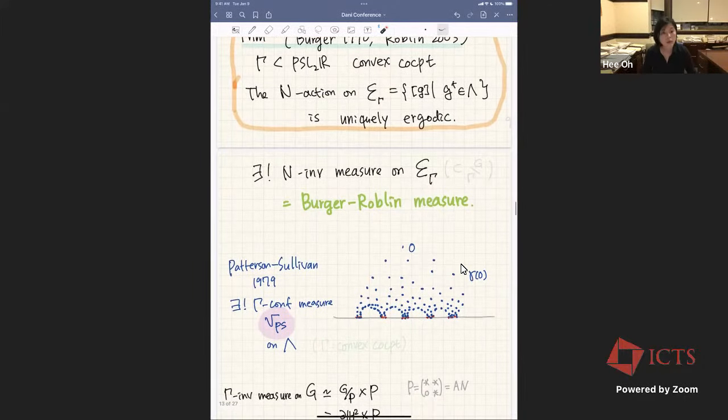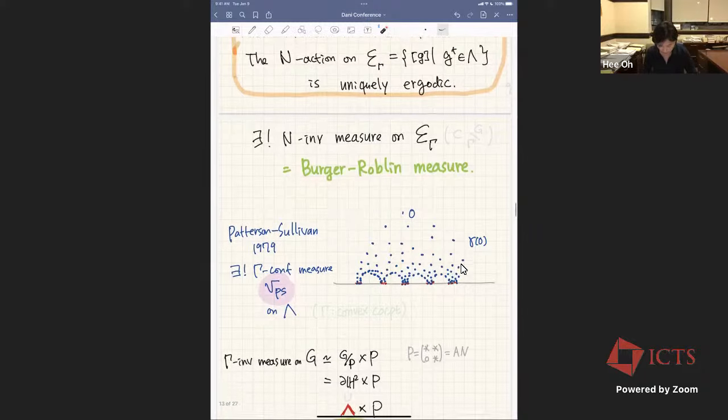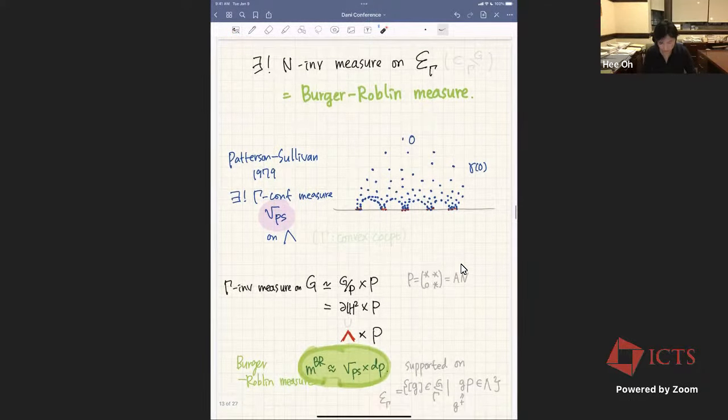So let me now explain how this Burger-Roblin measure looks. The Burger-Roblin measure is defined by a gamma-conformal measure supported on the limit set, so I first have to discuss what a conformal measure is. We have this limit set on the boundary, and Patterson and Sullivan, around 1979, constructed the gamma-conformal measure supported on the boundary.